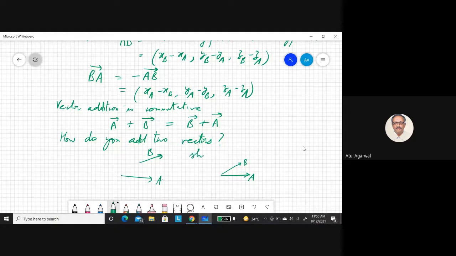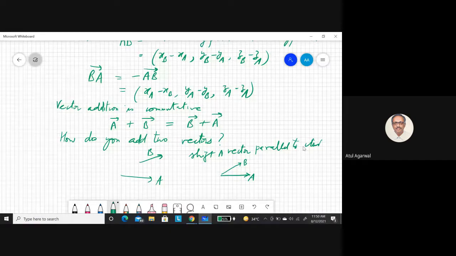You can shift a vector parallel to itself, or you can move it along its direction.